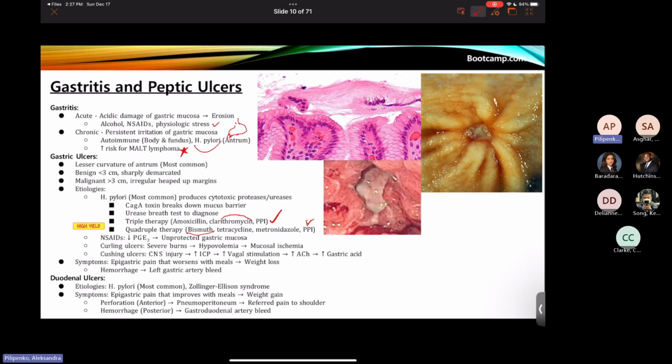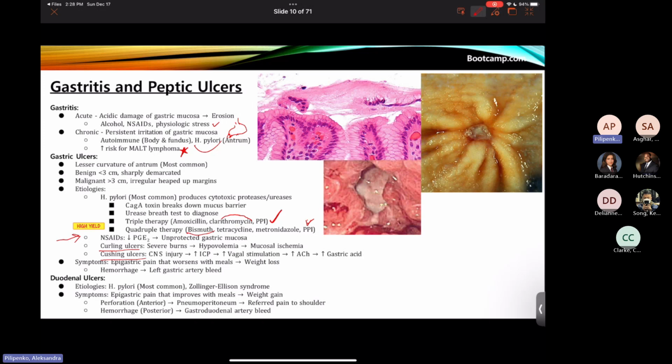Okay, remember we talked about the production of arachidonic acid and how NSAIDs block the production of prostaglandins. High yield to note your Curling and Cushing ulcers, right? Curling would happen from severe burns. Cushing ulcers would happen from brain injury.